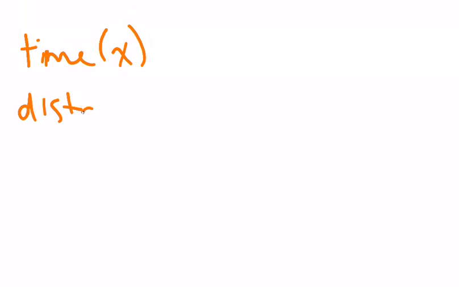Alright, another example. Galileo investigated the relationship between the distance a ball rolls down an inclined plane and the time it takes to travel that distance. So here's what he came up with. He looked at the time that it took, so that's our x, and then how far it went, and so that's y.